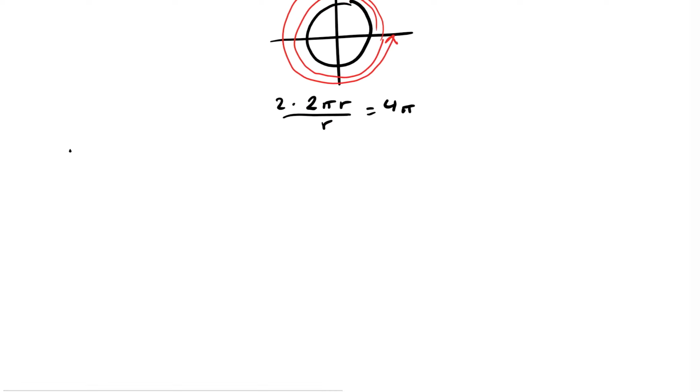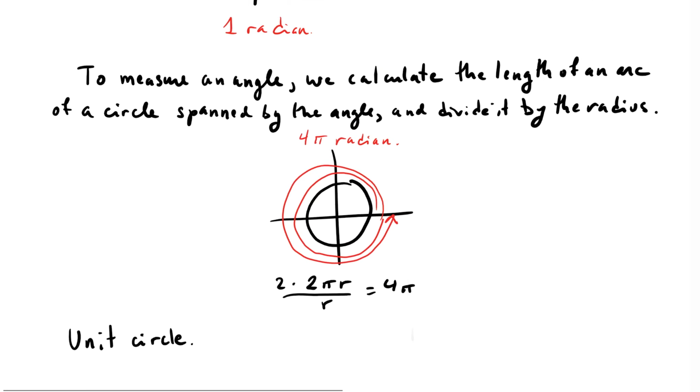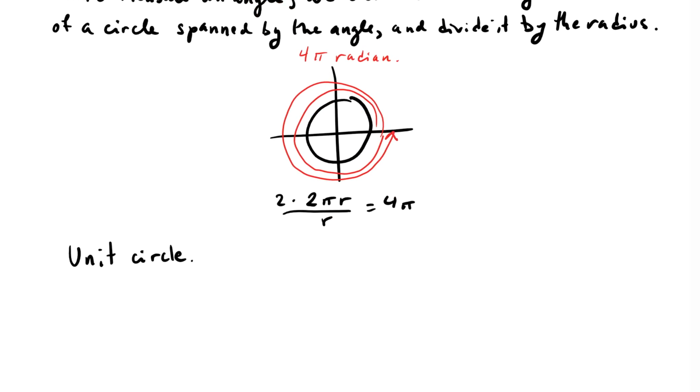Now if we use the unit circle instead of an arbitrary circle, the difference is that the radius is going to be 1, so you won't have to divide by the radius because the radius is 1 already. So the measurement of the arc will correspond to the measurement of the angle.